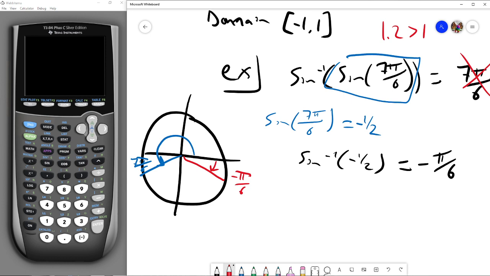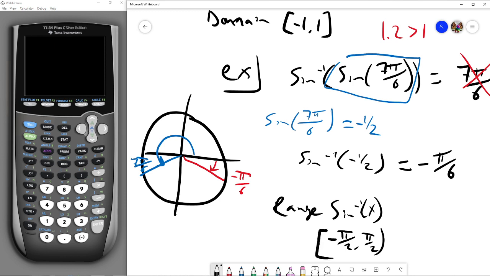Both have a y-coordinate of -1/2, so it's plausible. The key is remembering the fact that the range for arcsine of x is actually from -pi/2 to pi/2. And actually that needs to be a square bracket.